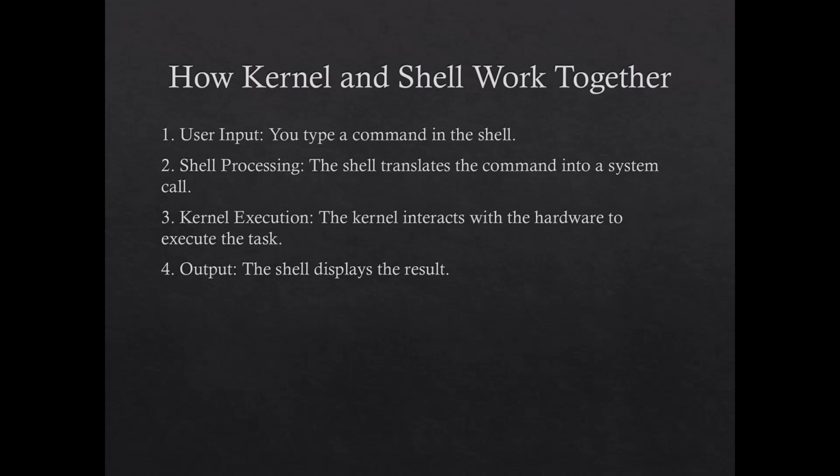After executing the task, the kernel gives the result to the shell to show the output to the user. So mainly there are four steps completed through the kernel and shell: first is user input, second is shell processing, third is kernel execution, and fourth and final is the output, which displays the result for the user.